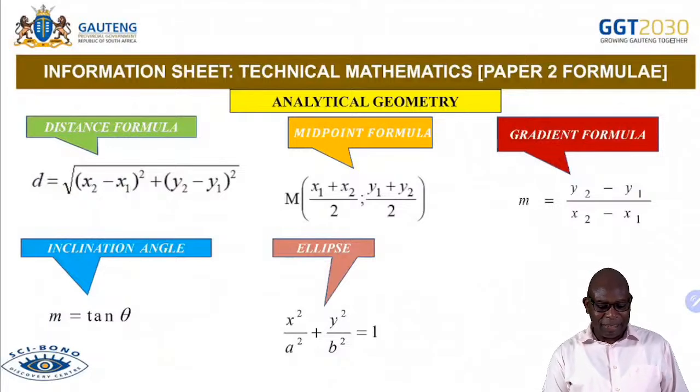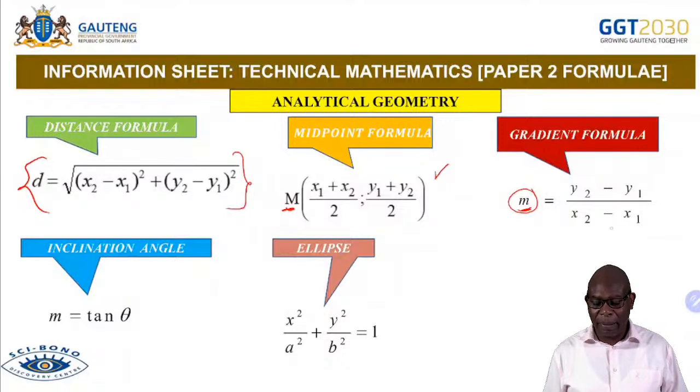The first one is the distance formula, which is denoted by the letter D. So it's x2 minus x1. You don't need to memorize these formulae because they are given to you. Just know which formula is for what. The next one is the midpoint formula, denoted by capital letter M. The next formula is the gradient formula, denoted by the small letter m, with y2 minus y1. Please check it in your formula sheet and make the correct choice.